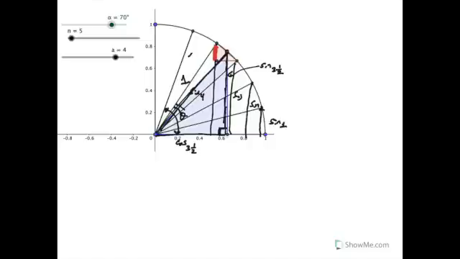So we can call that delta sine 4. This would be delta sine 1. This line here would be delta sine 2. This would be delta sine 3, and that's delta sine 4. And likewise, down here, that's the difference between cosine 3 and cosine 4. So we can call that delta cosine 4.